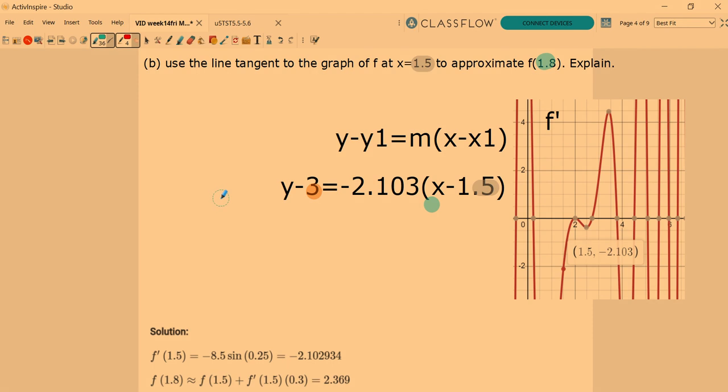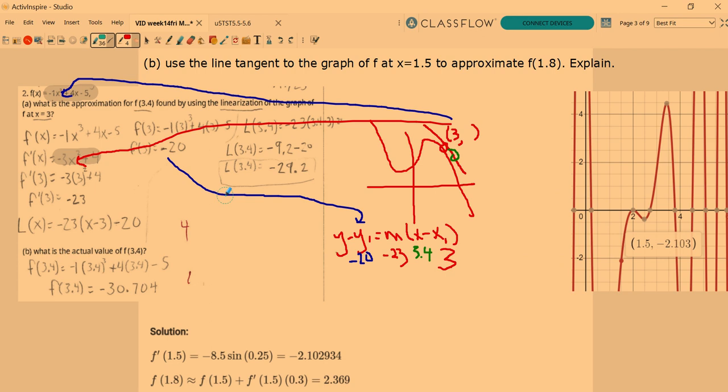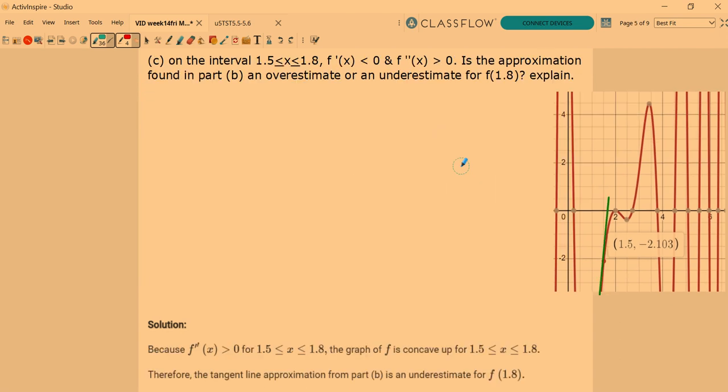Now for part C, remember this graph was concave down, so the linearization was an overestimation. Now if you look over here, we actually don't need this. All we need to know is that this is concave up because it's positive, so it's going to be an underestimation.